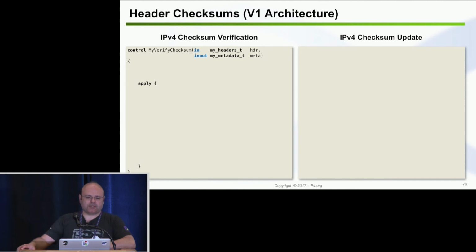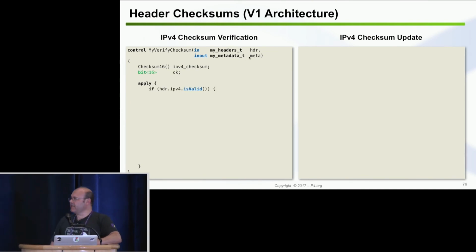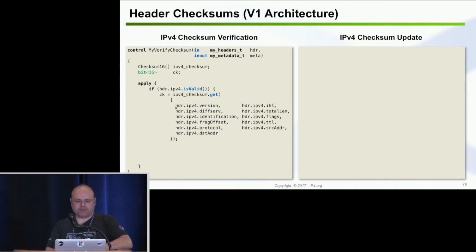Using this extern, we'll have a special control, and this control is defined in V1 architecture, called the checksum verification control. It receives the parsed headers as the input parameter and outputs the metadata. What we do is we instantiate the checksum16 extern to calculate IPv4 checksums, and if the IPv4 header is in the packet, we'll basically calculate the value of the checksum using all the fields that should be inside that checksum.